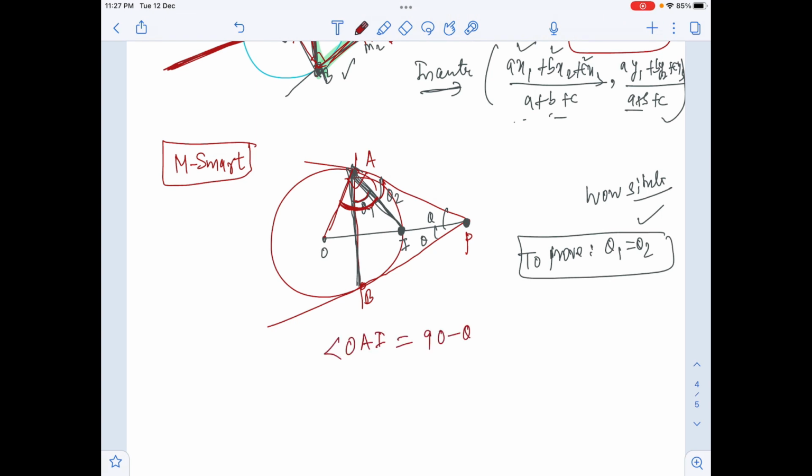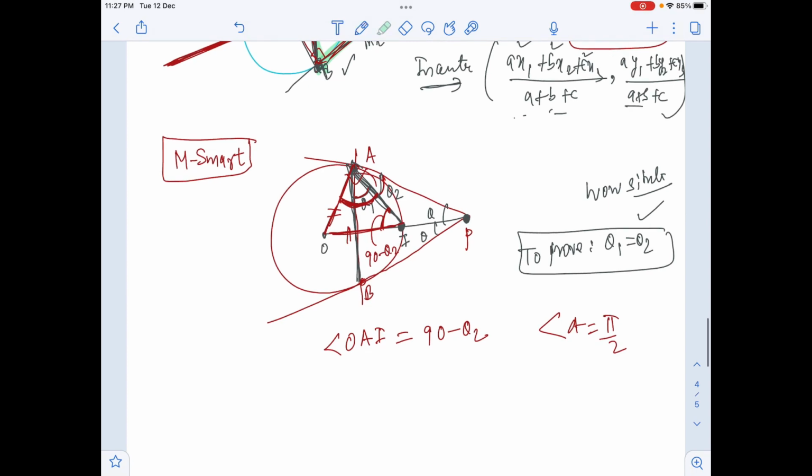Clear? So angle OAI is 90 minus θ2, because angle A is π/2. Now look, if this is 90 minus θ2, then how much will this angle be? 90 minus θ2. Isn't it? Yes or no? Because OI and OA are simply radii of the circle. Now the question is over, because in this tiny little triangle we have 3 angles. We have one θ1, we have another angle 90 minus θ2, and we have another angle 90. This is 90 because of the congruence. So now if you add them, it must be 180.